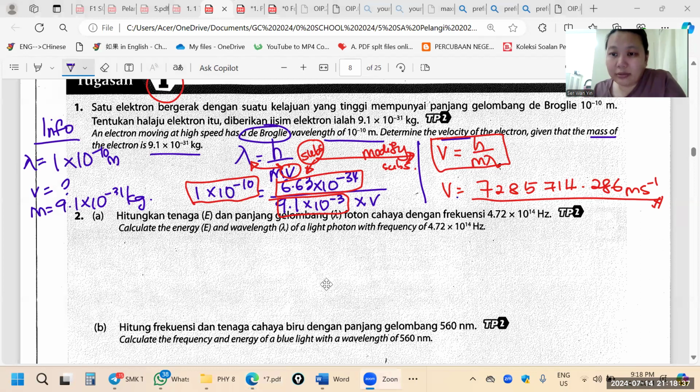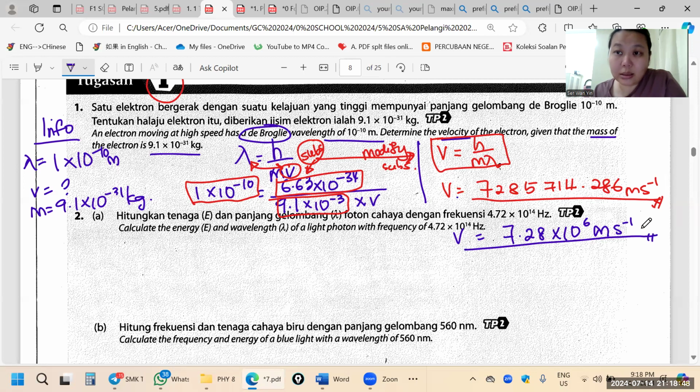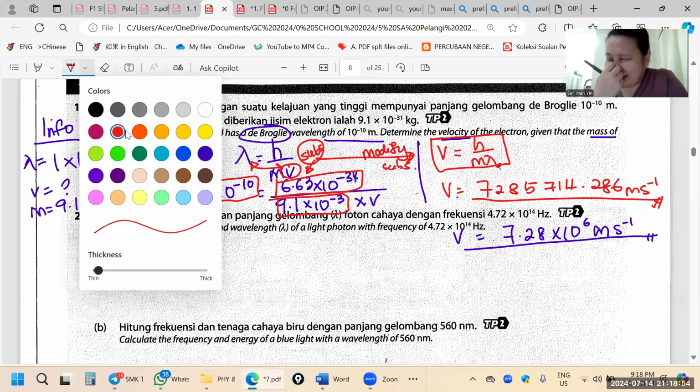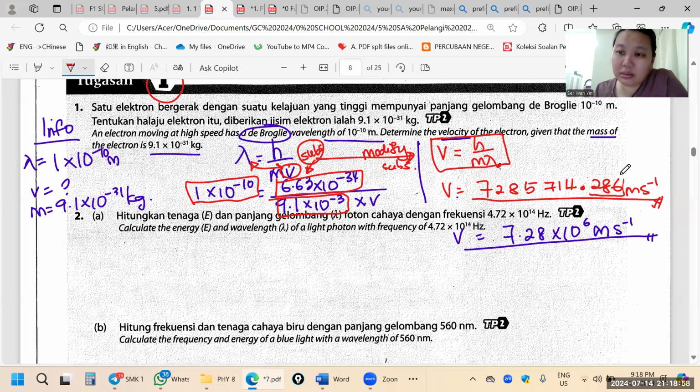Can you write 7.28 times 10 powers of 6? Theoretically, yes, but no. Because we want the original decimal, 3 original decimal.